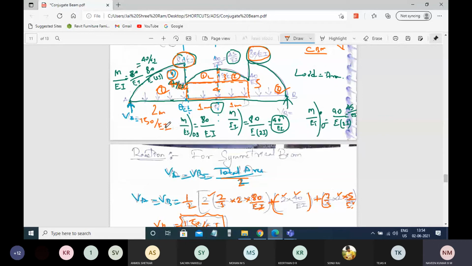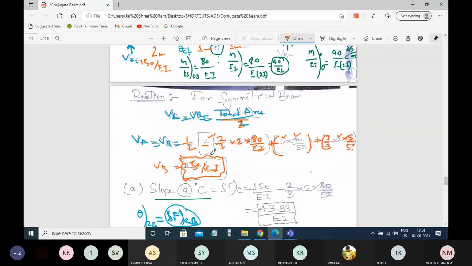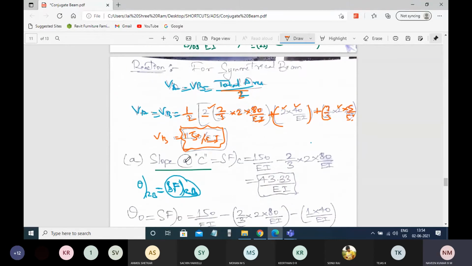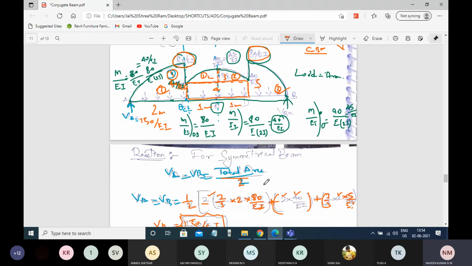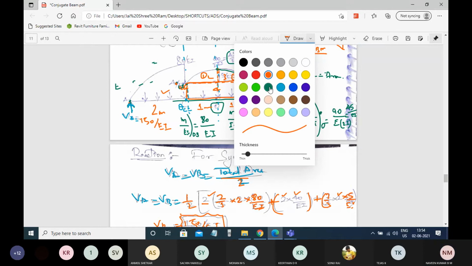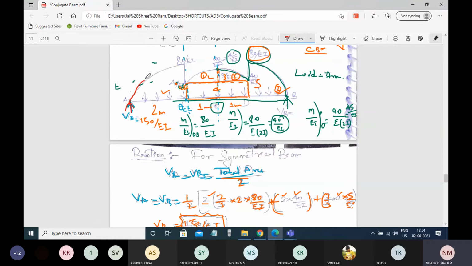Once you have got this, you can easily find the slope at C. The slope at C in the real beam equals the shear force at C in the conjugate beam. What are the forces that you need to consider? One is this particular VA, and the area of this particular portion.